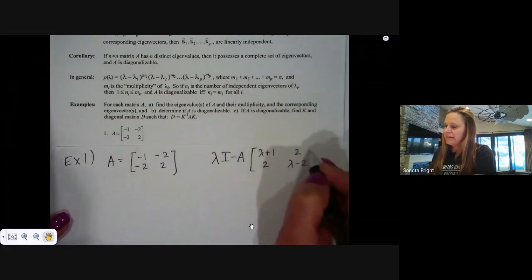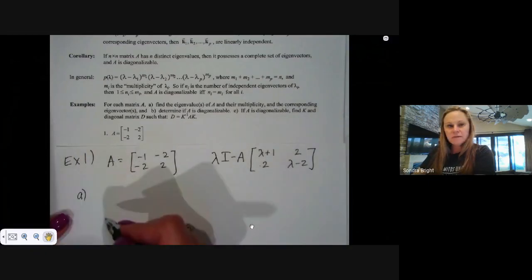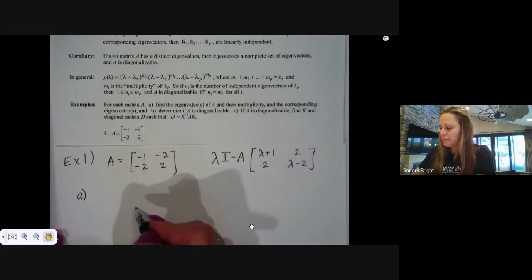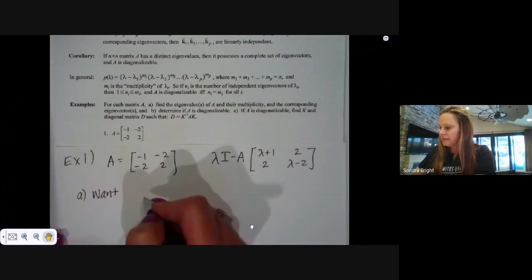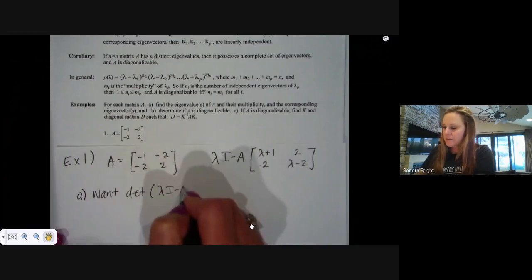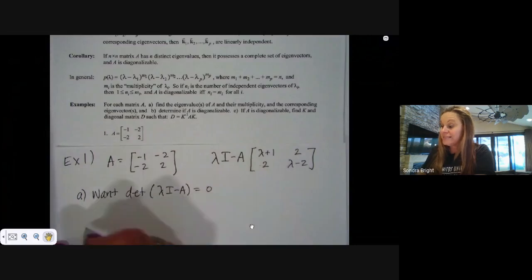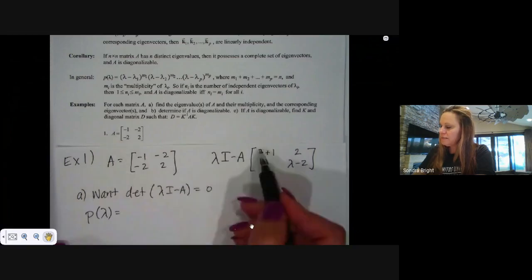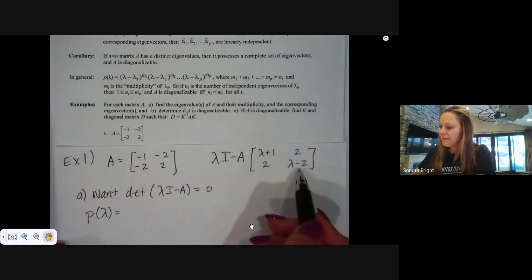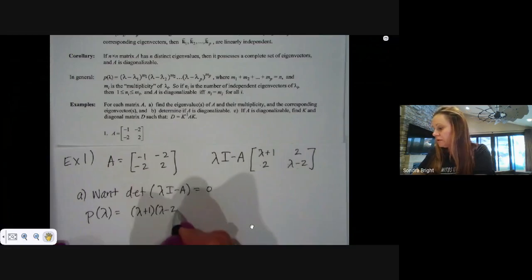All right, so finding the eigenvalues and their multiplicity, you want the determinant of lambda I minus A to equal 0, and that's the characteristic polynomial. So for the determinant, you multiply down the diagonal: lambda plus 1 times lambda minus 2, minus 2 times 2, which is 4, not 2.